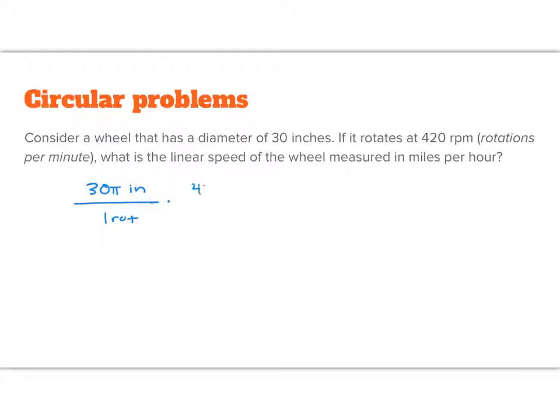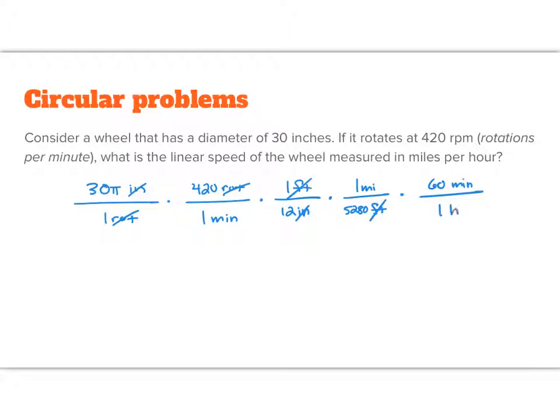Okay, then we know there are 420 rotations in 1 minute. Okay, and we just need to keep converting to get miles per hour. So 1 foot has 12 inches, and then 1 mile has 5,280 feet. So we got our miles. Now just hours, 60 minutes in 1 hour.